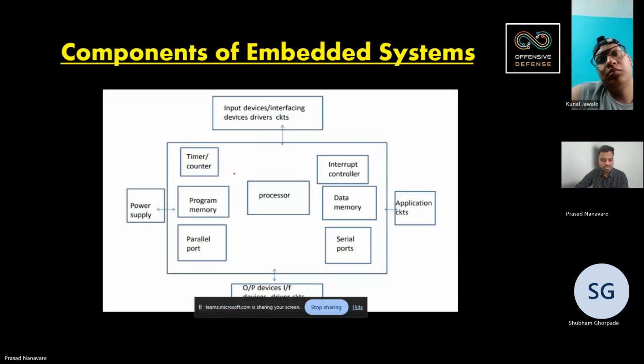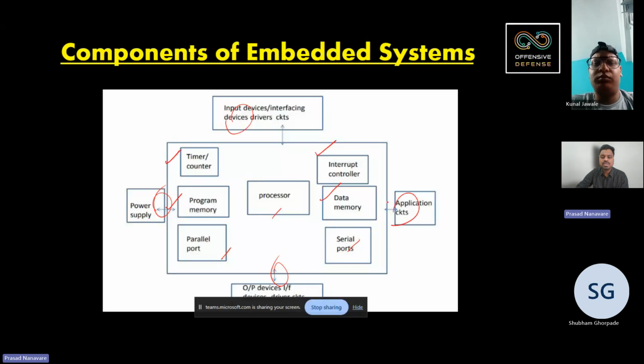Then you studied components like timer counters, interrupt, program memory, data memory, processor, parallel ports, and serial ports. We studied everything in detail yesterday.